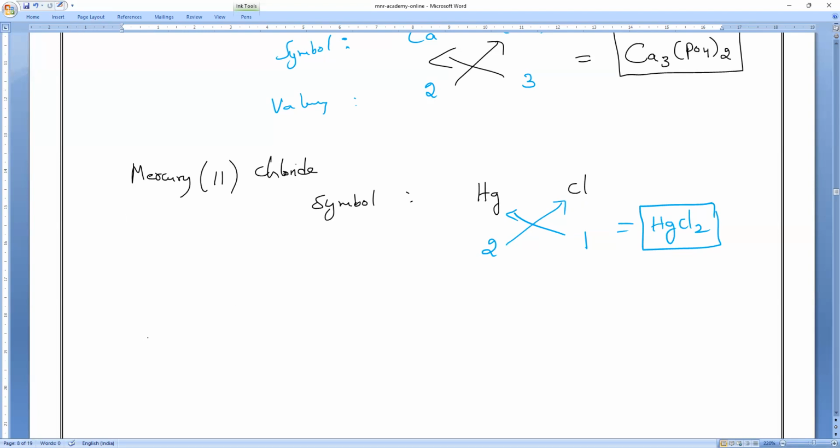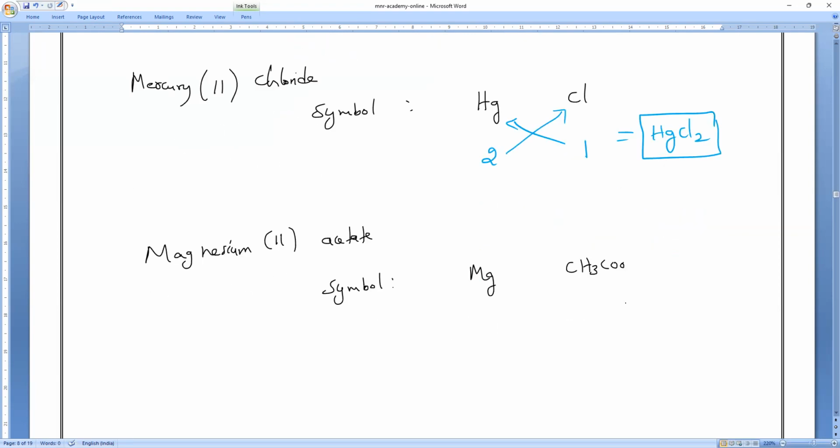Next, magnesium acetate. Anybody can tell? Magnesium 2 acetate. If you don't know, I will teach you. Magnesium symbol, Mg. Acetate is CH3COO. Note it, it will come again in class 10. Valency of magnesium is 2.